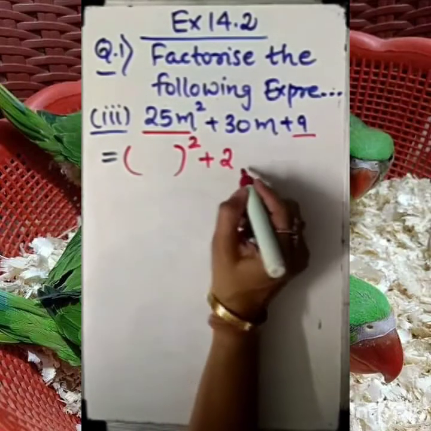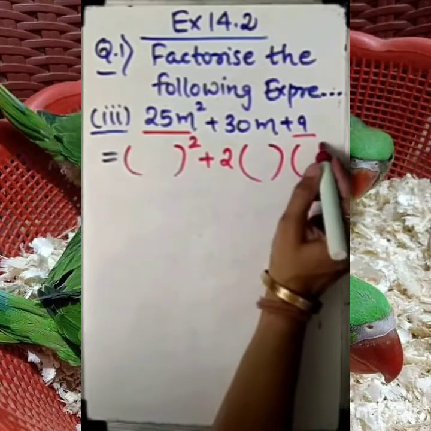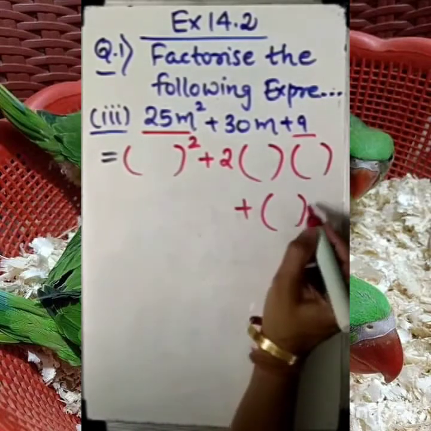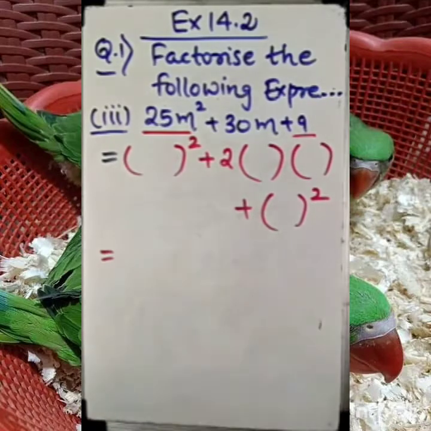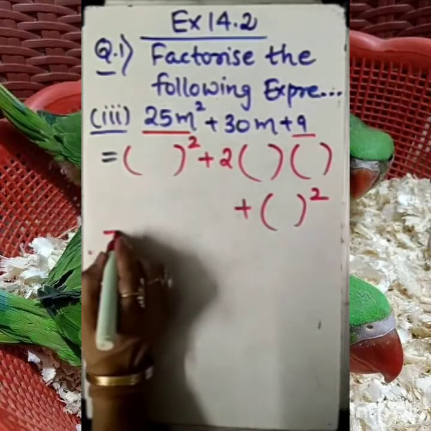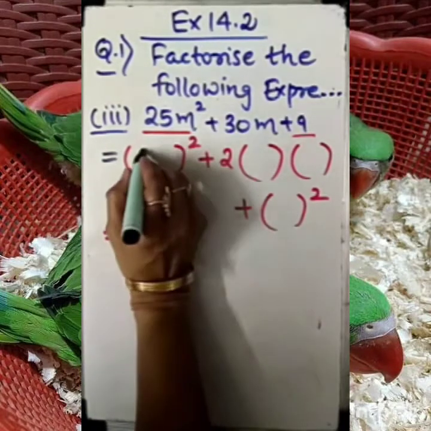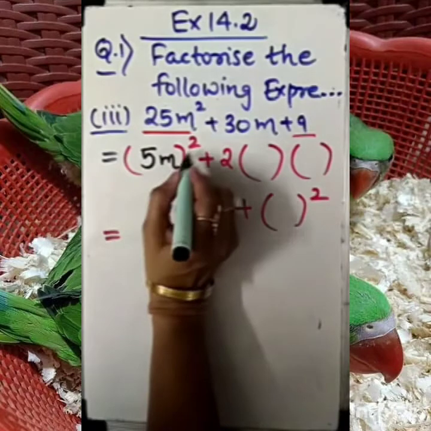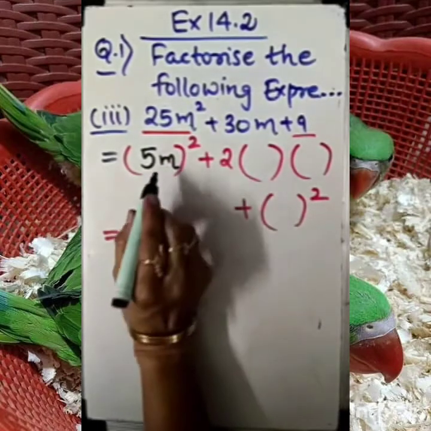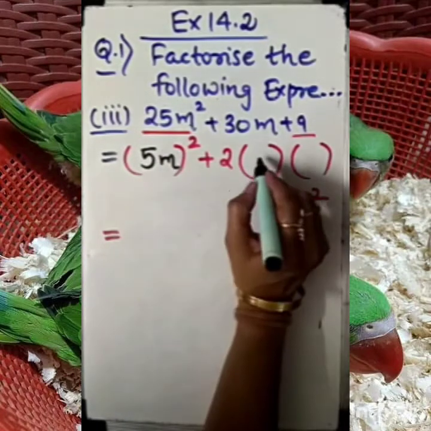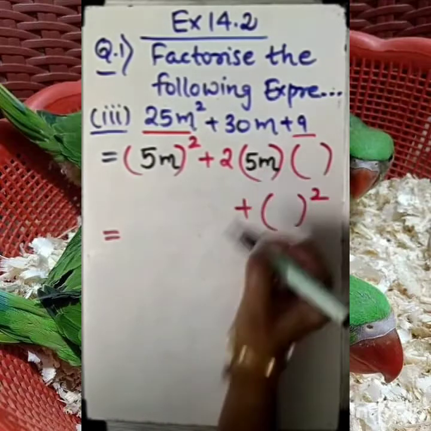A square plus 2ab plus b square. Now, according to the question, what is a here? If we compare, a is the first term. The first term is a square of which number? 25 is for 5 and this m square is for m. A is 5m, so let me write the same, 5m, here.